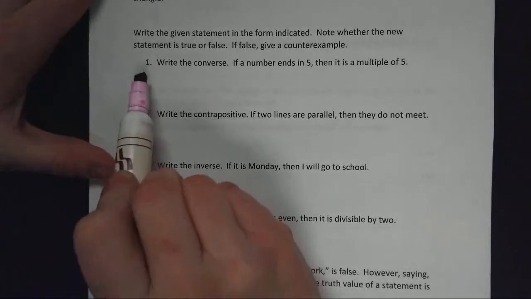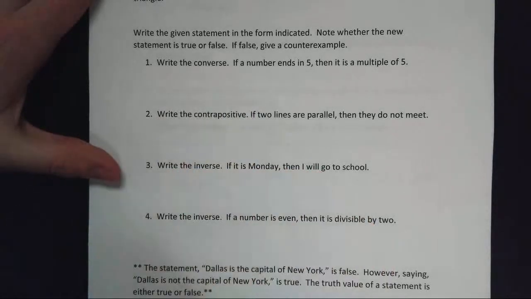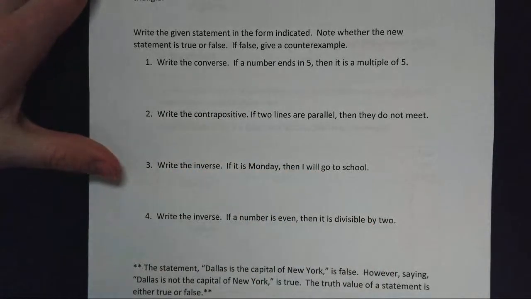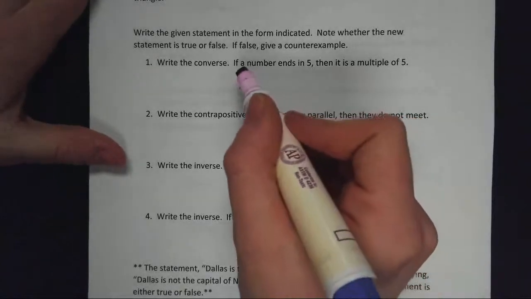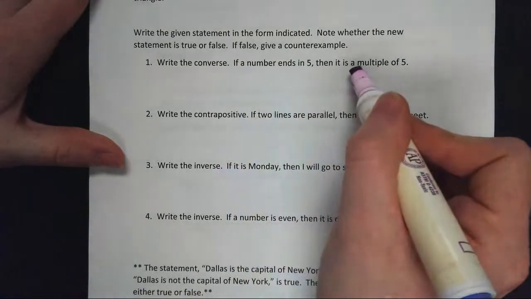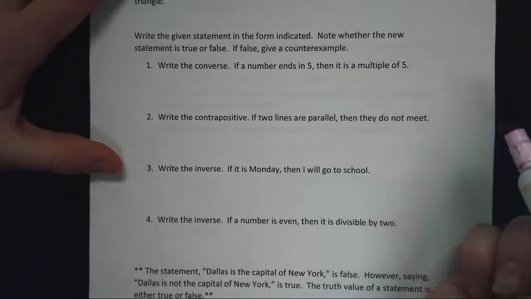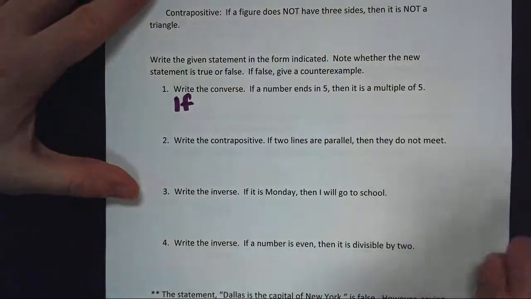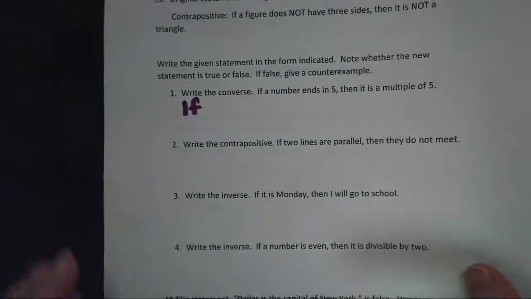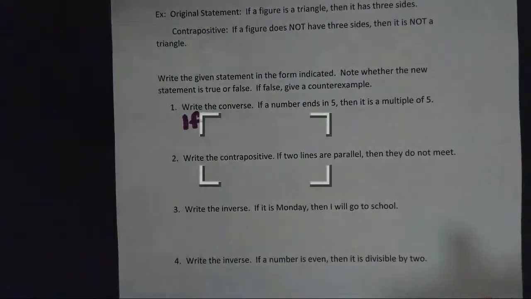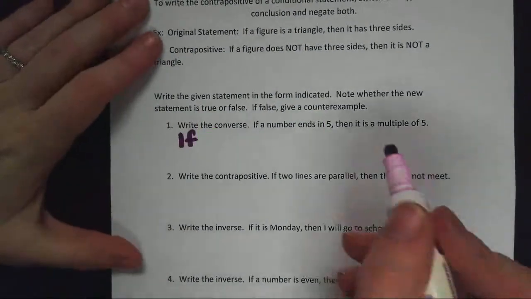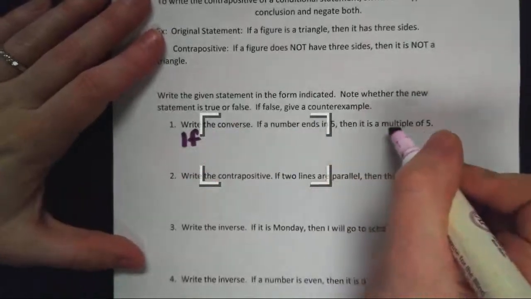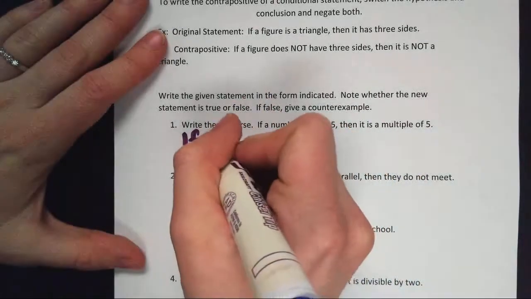So in number 1 here, we want to write the converse of this statement. Now remember, converse means we switch the if and the then statements. So it says, if a number ends in 5, then it is a multiple of 5. So in order to write the converse, we still write if first, but instead of a number ends in 5, we want to say a number is a multiple of 5.